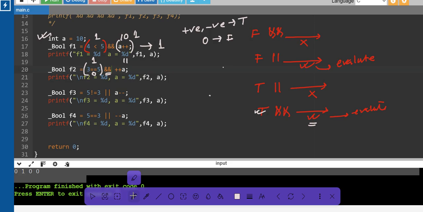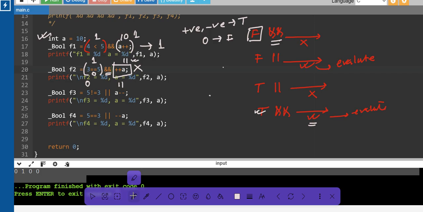So the first operand is already false, so it will not evaluate the second operand. That means there is no change in the value of A because this particular part will not be considered by the compiler. So the F2 outcome will be 0 and A remains unchanged. A is already 11 here, so A will also print 11 here as well. Okay, we'll see, don't worry.